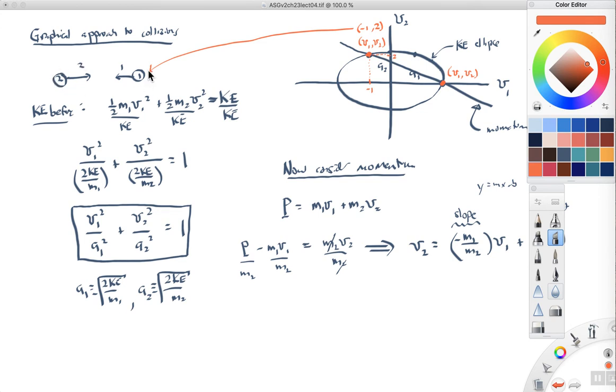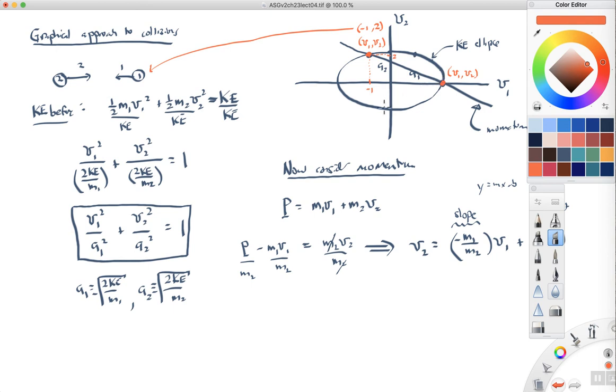So that is this condition right here. The momentum holds, the total momentum has a certain value, and the total kinetic energy has a certain value, and that's that point.